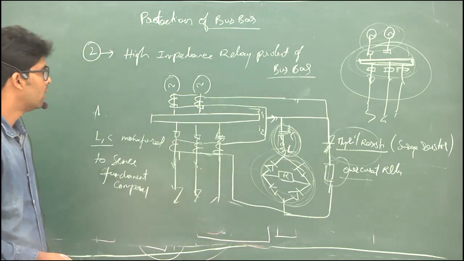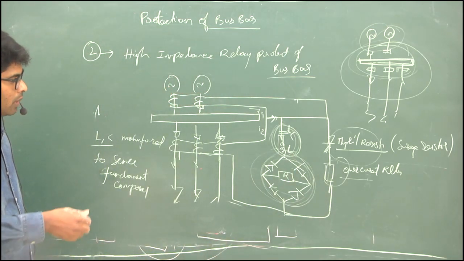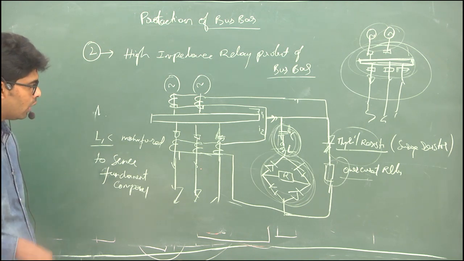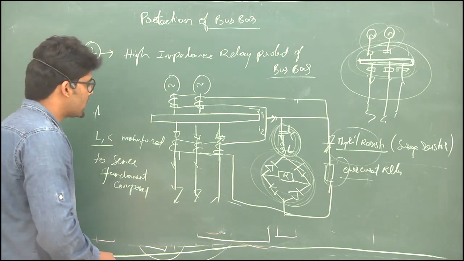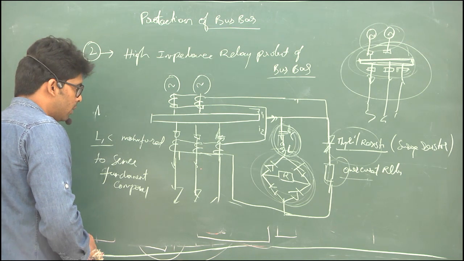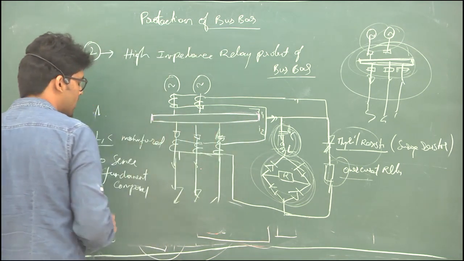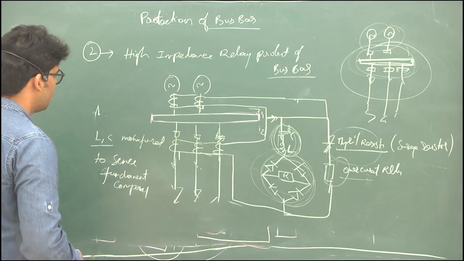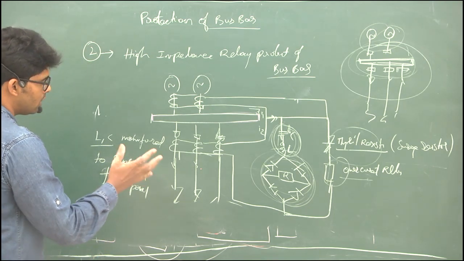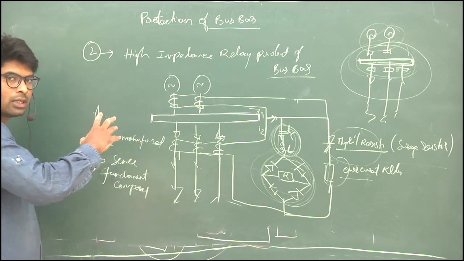This is about the high impedance relay protection of the bus bar, and we'll go to the protection of the frame also: how the protection works for the leakage of the frame. We use this high impedance relay because of the disadvantages of the differential relay.